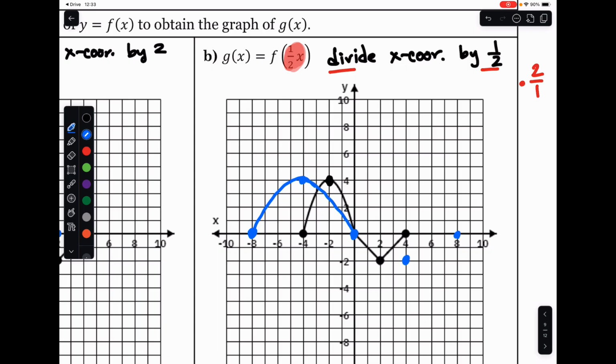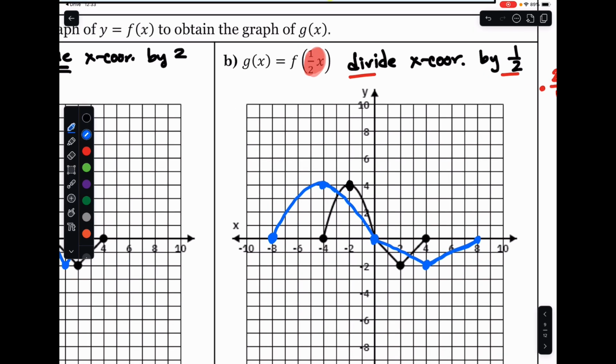And yet again, the y value does not change in this example because we're not doing anything on the outside of f of x. We're not adding anything to the function, and we're not multiplying any number in front of f of x, so the y coordinates are not being affected. As you see, this resulted in a horizontal stretch because now we're further away from the y-axis.